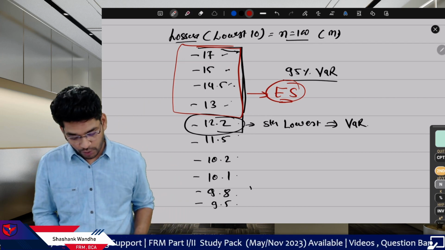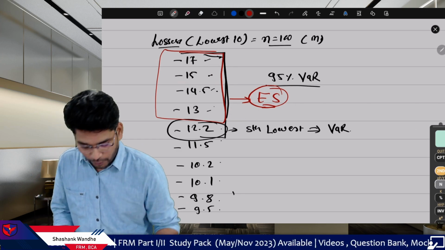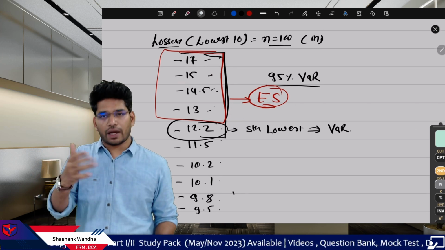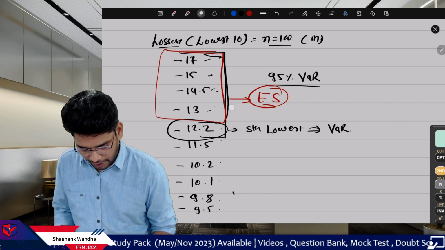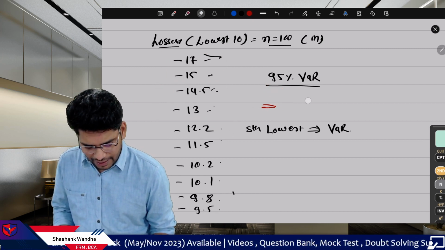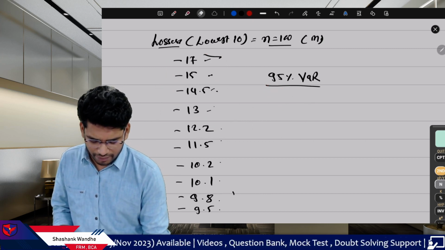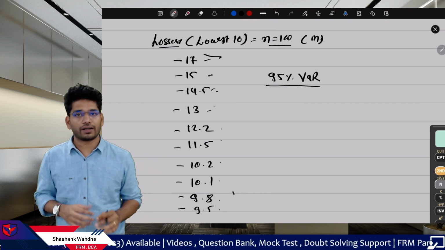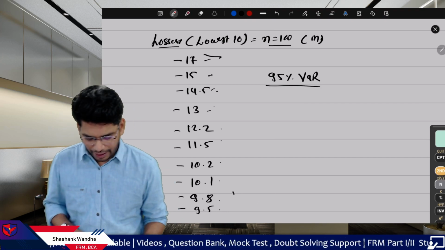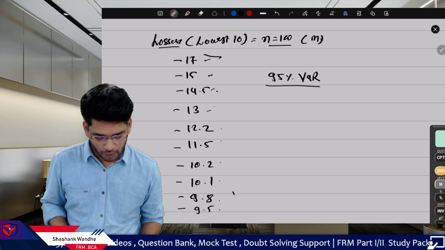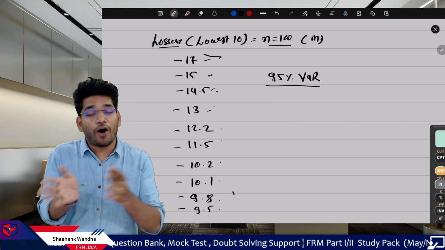Now in FRM Part 2, the approach will change. If you are my student from FRM Part 1, in FRM Part 1 itself I told you there is a debate or dispute among the risk managers, the authors of risk management books, about what exactly should be the value at risk, the VAR value.